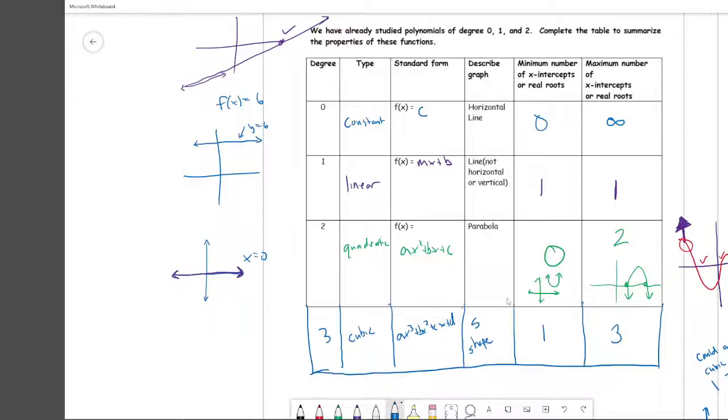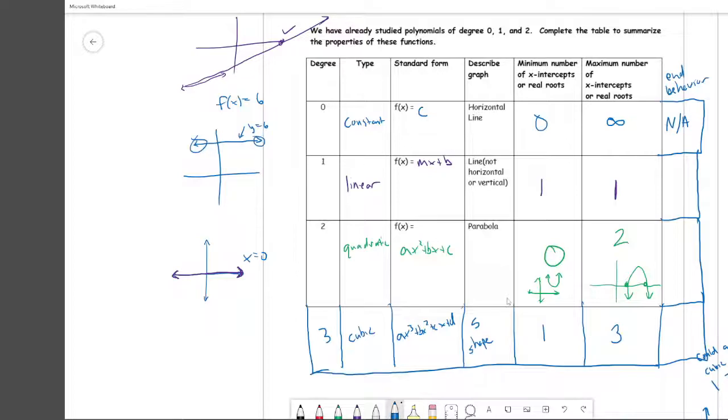Now, the other thing we should really do with our chart here, and maybe this will help make our lives easier at the end of the lesson, is end behaviors. So for a constant, I'm just going to say this doesn't apply, because the end behavior of a constant is the same value that the constant is, so we don't really care about it.